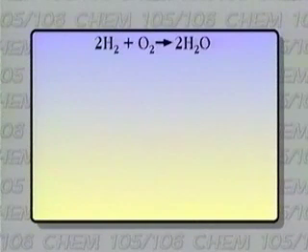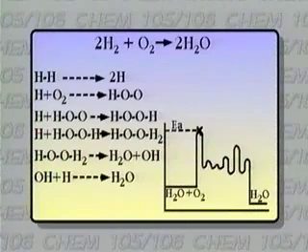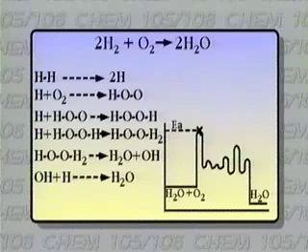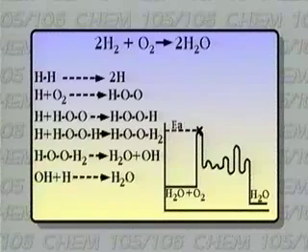If we look at the overall reaction stepwise, this is what we mean by the mechanism. Actually, to go from hydrogen to water requires 6 individual chemical reactions, and each of those chemical reactions now has its own activation energy.